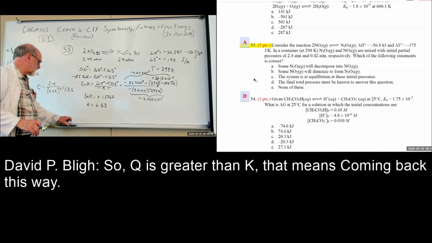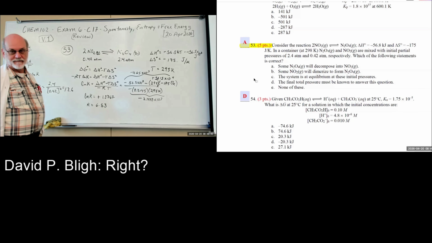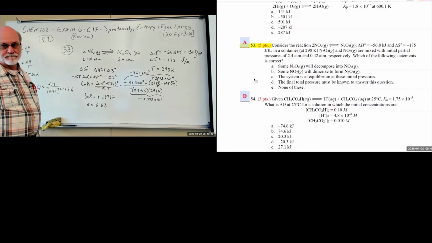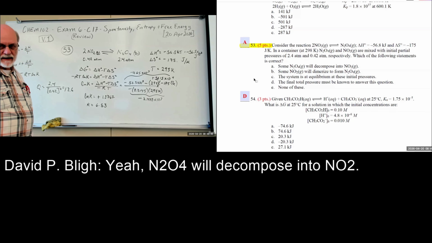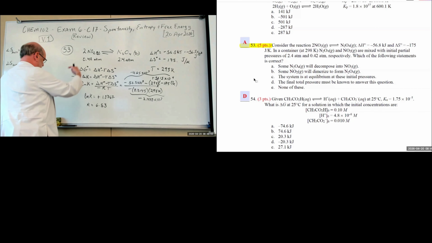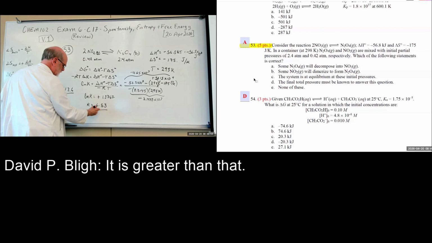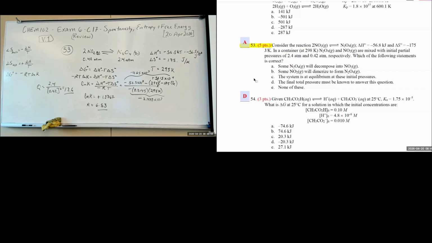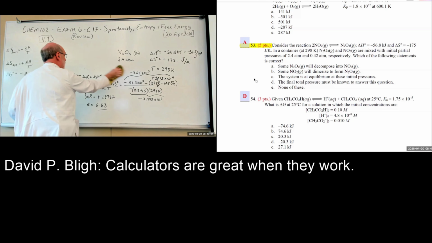So Q is greater than K. That means coming back this way, right? Yeah, N2O4 will decompose into NO2, headed this direction. This is greater than that. Okay. Calculators are great when they work.